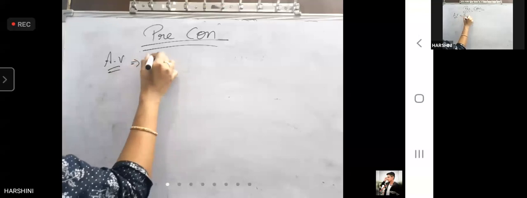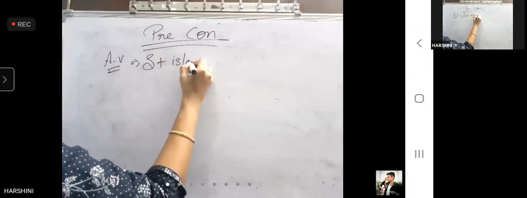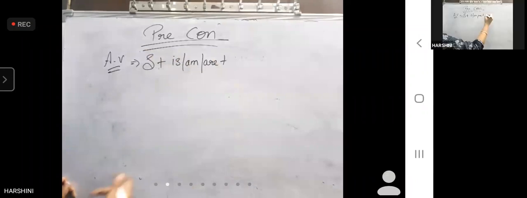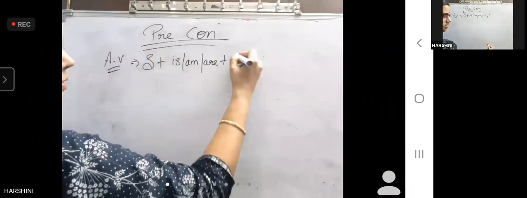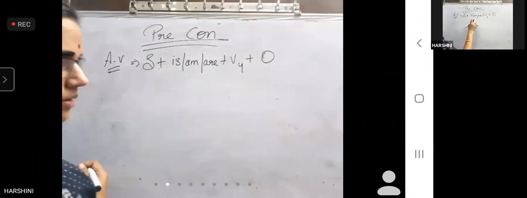Subject plus be forms: is, am, are, plus V4, plus object.